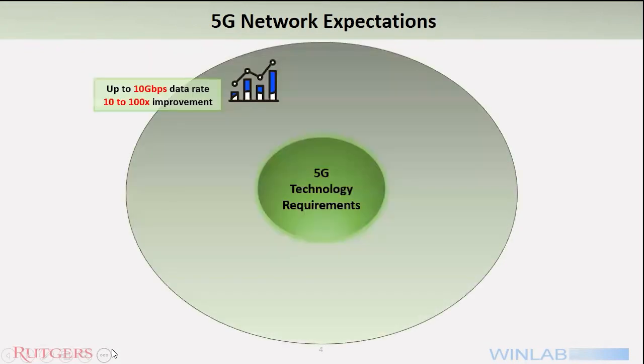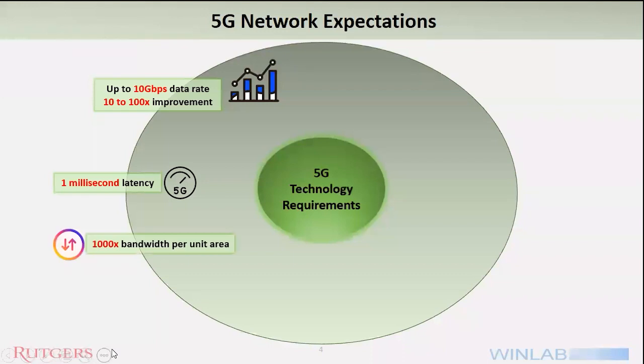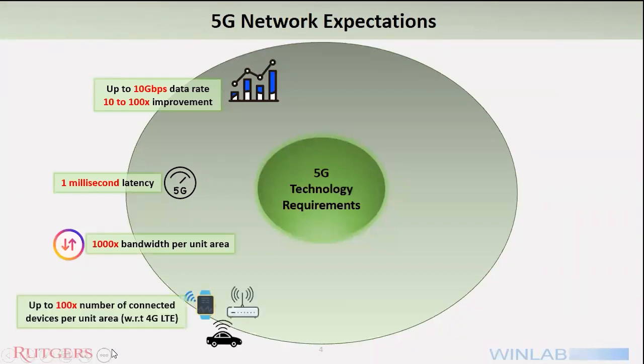Now, since it is network dependent, we know that 5G and beyond networks, or 6G and so on and so forth, brought a lot of expectations to the market. Some of those expectations include a very high data rate and 1 millisecond latency. I don't know if that is ever achievable. 10,000 times bandwidth per unit area, and a lot more connected devices.